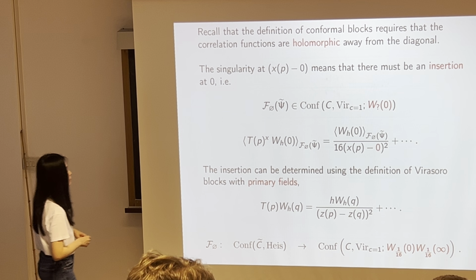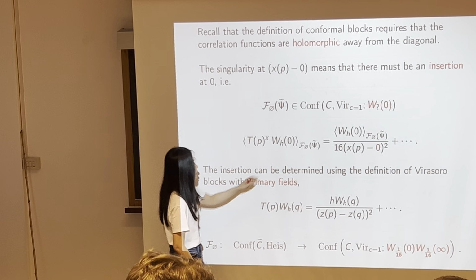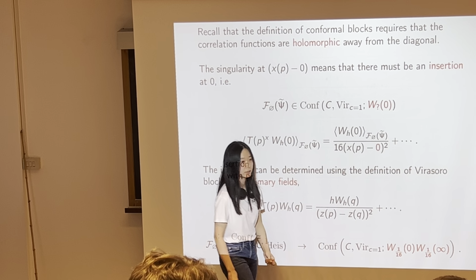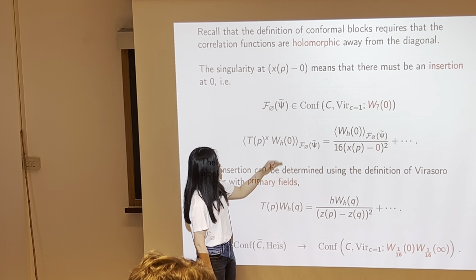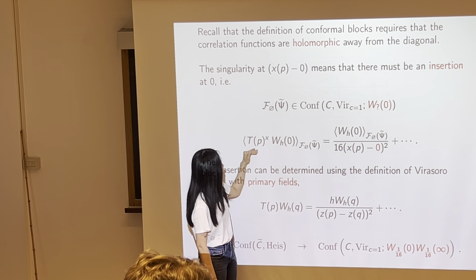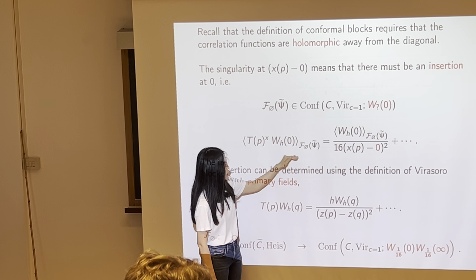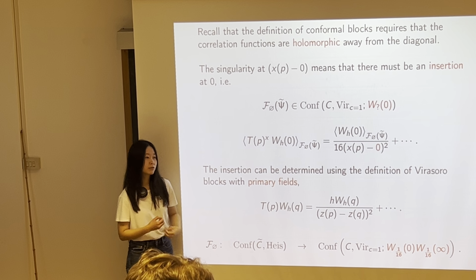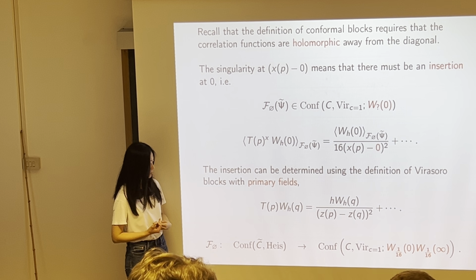So instead of a map into the Virasoro conformal blocks, we will have this extra insertion of the primary field. And in the definition of the conformal blocks with primary fields, we will have this kind of correlation function where we always put some extra W_h, so we can indeed have some singularity.